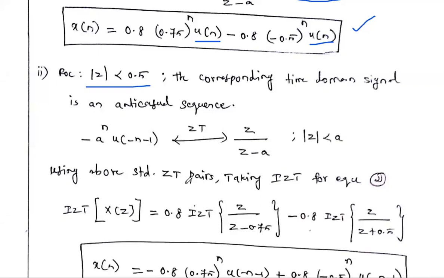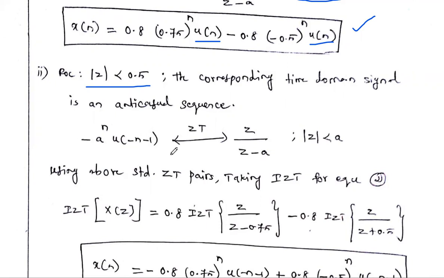You check in the signals and systems playlist, in the 4th unit, videos 4.1, 4.2, 4.3, all are 4th unit videos. All these problems are solved there. According to that, we have minus a power n u of minus n minus 1.